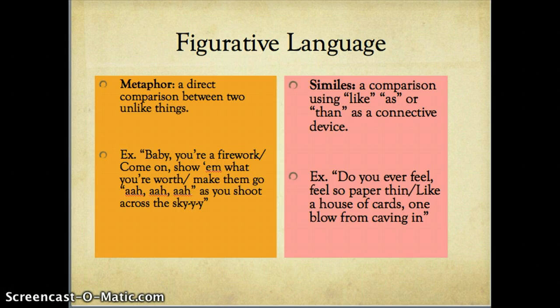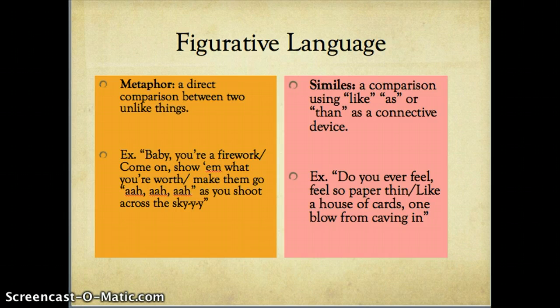In this example, our speaker is addressing another person, saying you are a firework, and that's where we get our metaphor. It's saying you are like a firework: two unlike things, this person they're addressing and the firework.